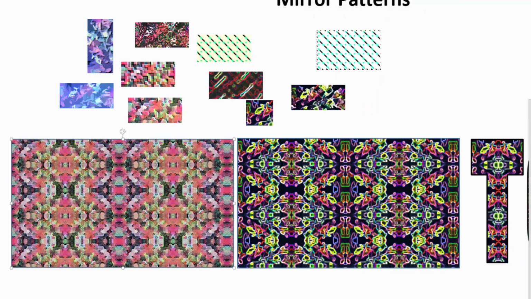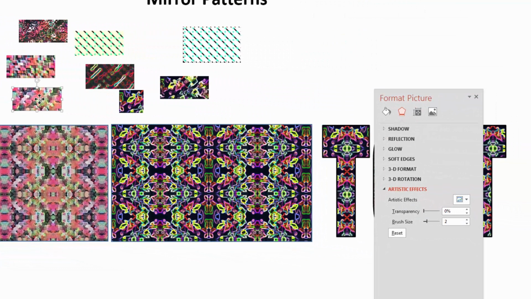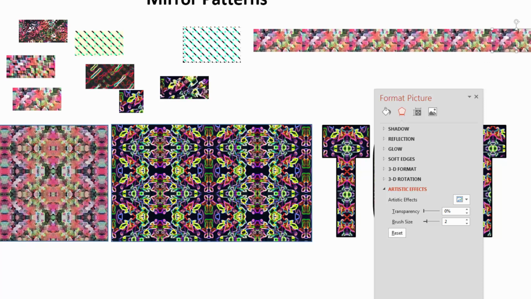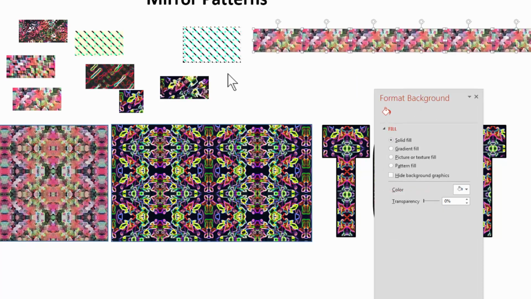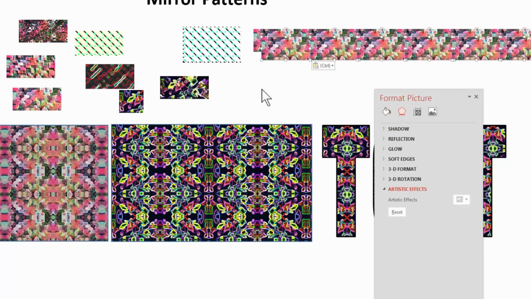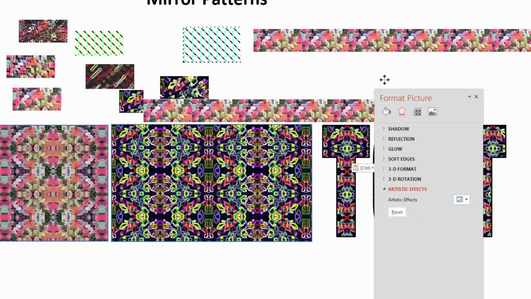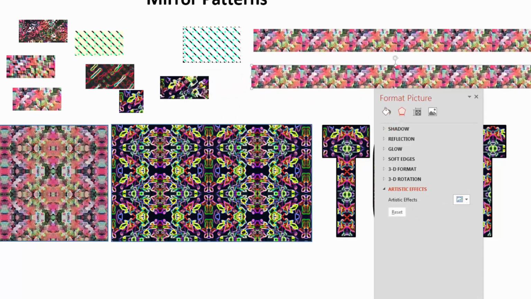Let me just take this. I'll just put it over here. And what I'm going to do is make a whole bunch of these. Okay. I'm going to copy these, paste them as a new image. I'll get rid of these.